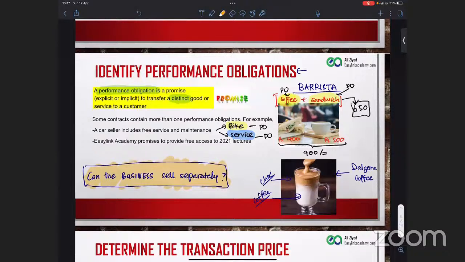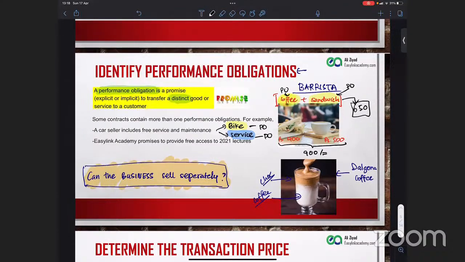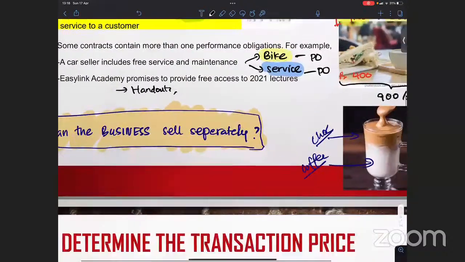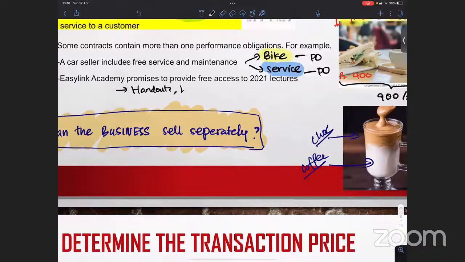Okay, my next question. Now, Easylink Academy, do they provide you access to recordings? Yes. Tell me what you get by attending classes here. You get handouts. Then you get live lectures.